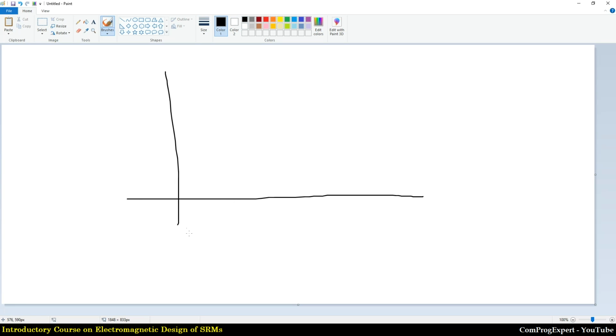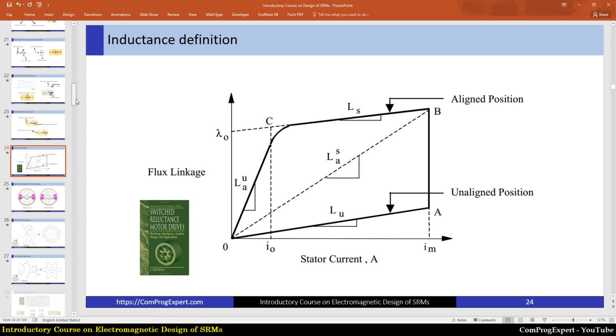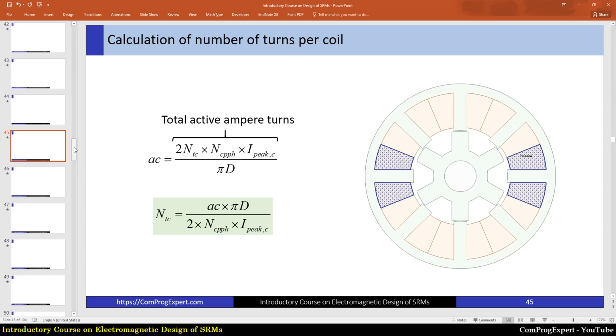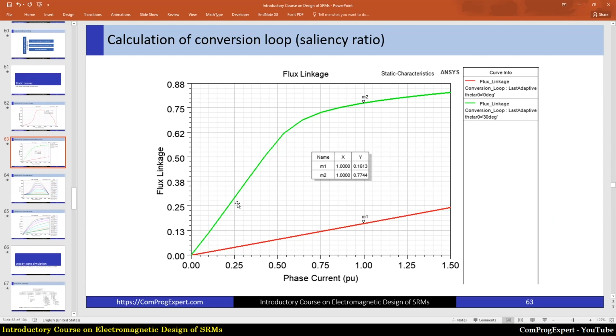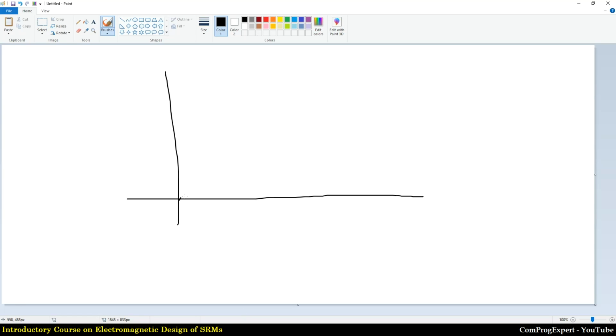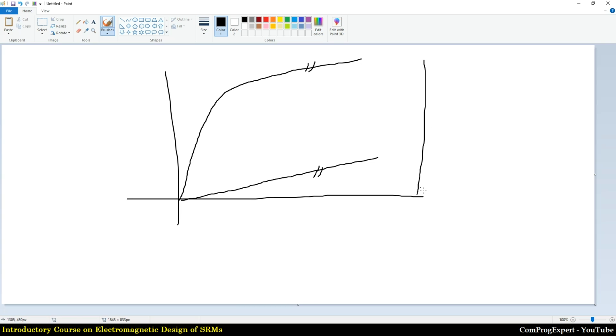Later we will calculate this important characteristic by the finite element method, the ANSYS-Maxwell software. Later we will calculate these two important curves. And when we have this case, this is a good design. When this is in parallel with this line, that is a good design, and this is a bad design.